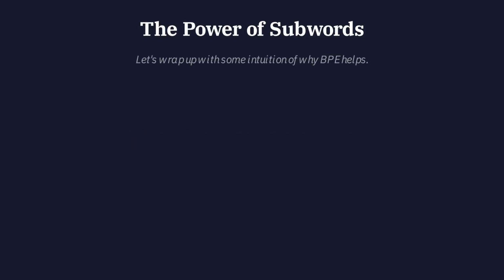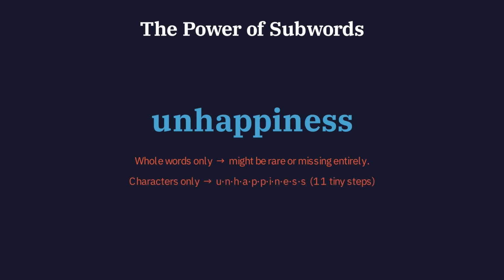So let's wrap up with some intuition of why byte pair encoding helps. So suppose a large language model sees a rare word like unhappiness. If it only knew whole words, that word might be rare or missing. If it only used characters, it could represent it, but in too many tiny steps.